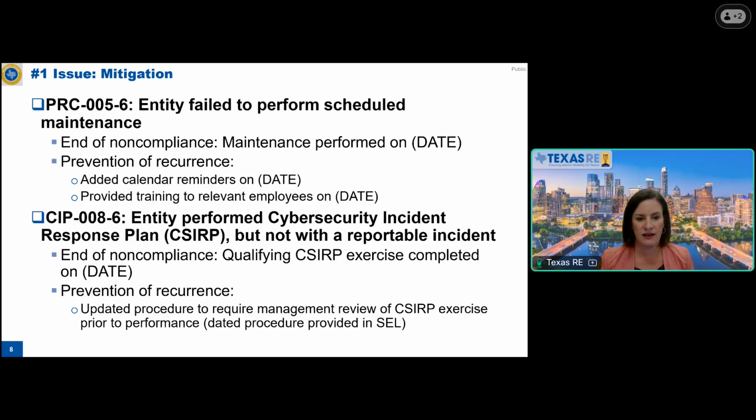Well, in this case, they wanted to have an extra layer of review of the CSIRP exercise to make sure that it was compliant. So the entity updated their procedure surrounding CSIRPs to require a management review of the exercise prior to the performance. And that dated procedure was provided in the Secure Evidence Locker. So these are some great examples of mitigation, end of noncompliance, and prevention of recurrence.